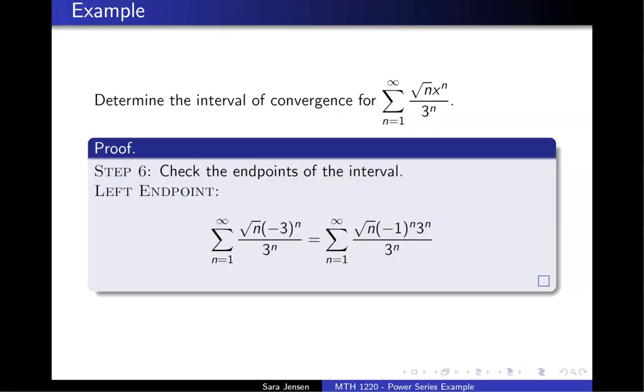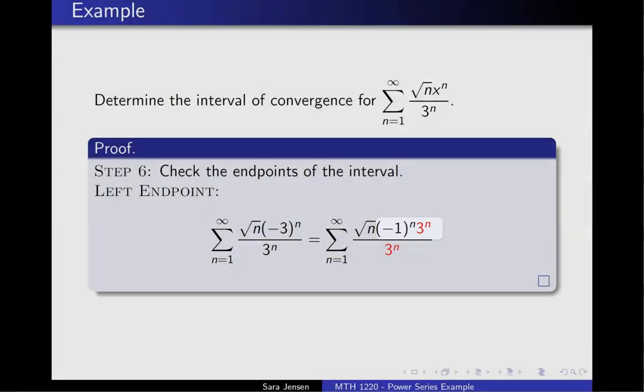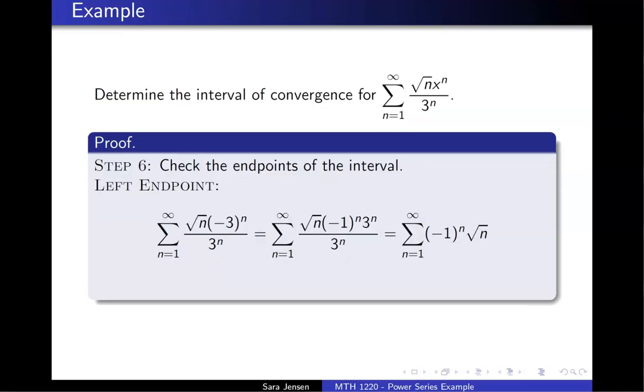Beginning with the left endpoint, plugging in -3 for x, we can distribute the n to both the -1 and the 3 and rewrite the series in this way. We can then focus on the two terms that are going to cancel from numerator and denominator, and we are left with the series as n goes from 1 to infinity, -1 to the nth power multiplied by the square root of n when we plug in our left endpoint.